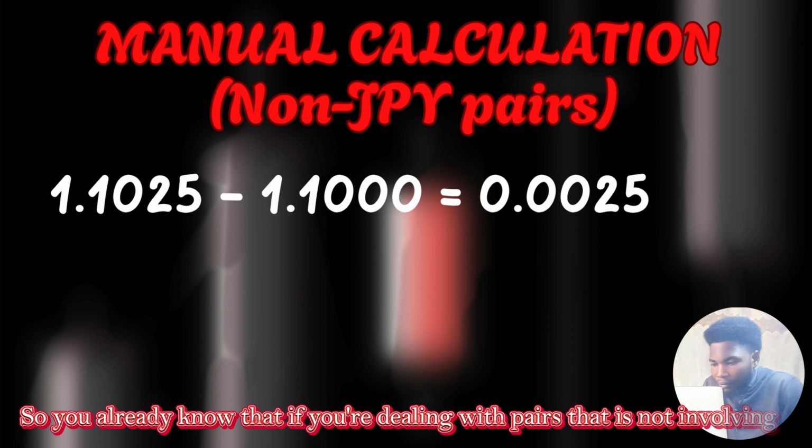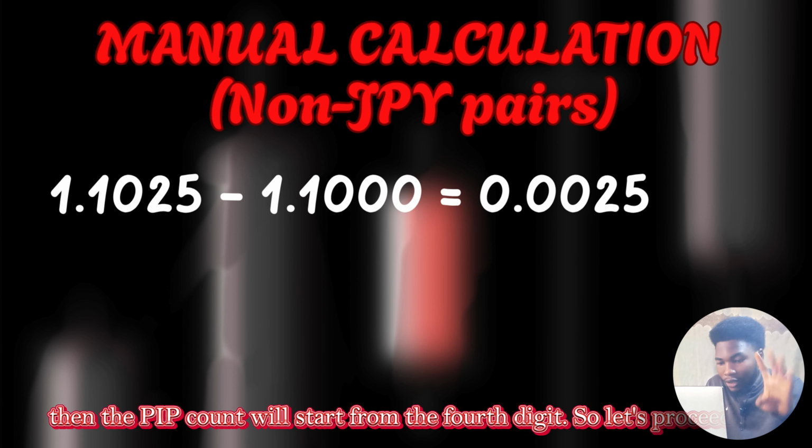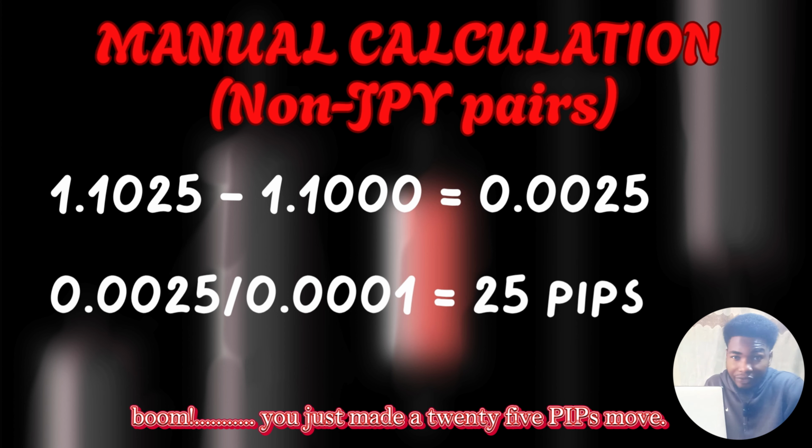You already know that if you're dealing with pairs that do not involve the JPY, the Japanese yen, as the base or the quote, then the PIP count will start from the fourth digit. So let's proceed. 0.0025 divided by 0.0001 equals 25 pips. Boom, you just made a 25 pip move.